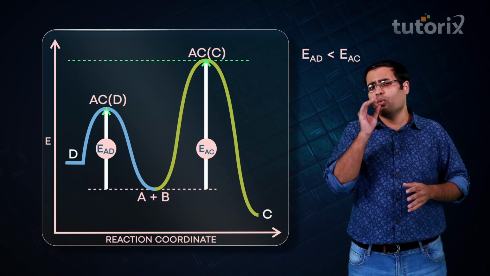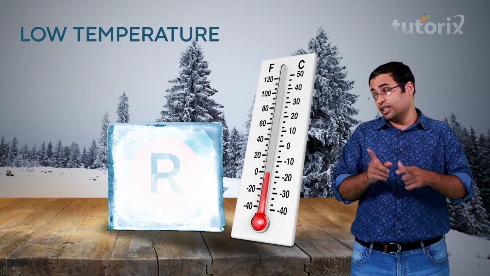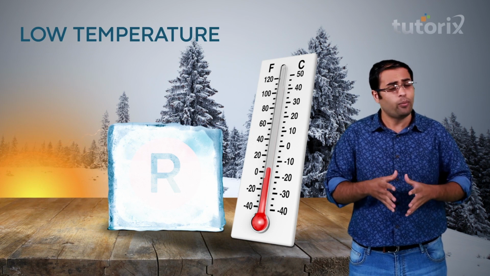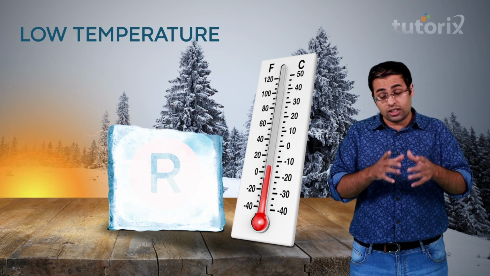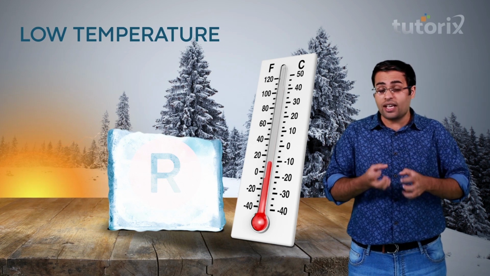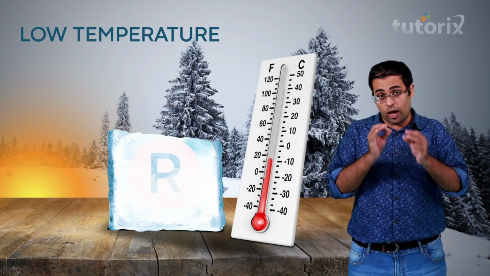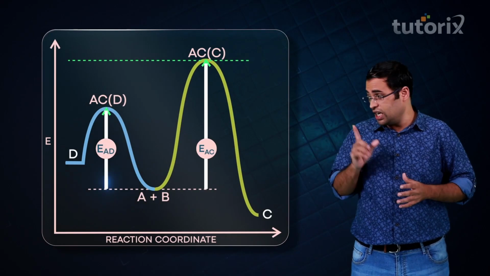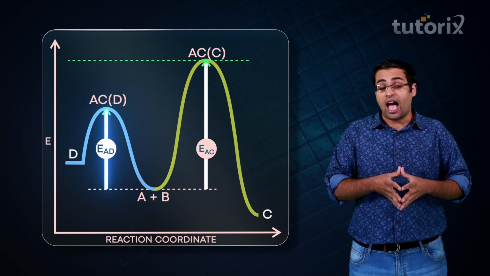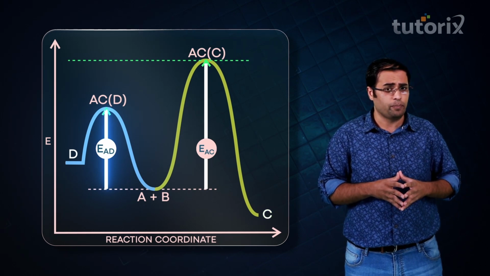So let us understand what happens at low temperatures. We know that when the temperature is low, less energy is available to the reactants to form products, right? Now because less energy is available, the reactants are able to absorb less energy, and because of this, they will prefer to absorb the lesser activation energy EAD and lead to the formation of product D. And the product C will not form because it has a higher activation energy.